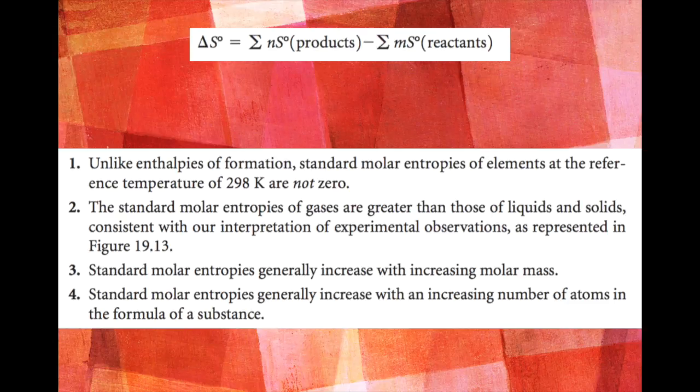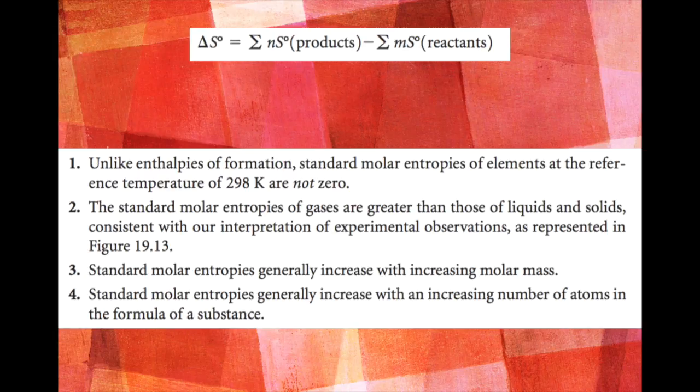So this formula right here should look extremely similar because we use this when we're talking about enthalpies of formation, but instead what we're going to be using this for, the S represents entropy, entropy of your products minus the entropy of your reactants. And so a couple of rules include the fact that the standard molar entropy for elements at 298, unlike enthalpies which were zero, for entropy, they are not zero.